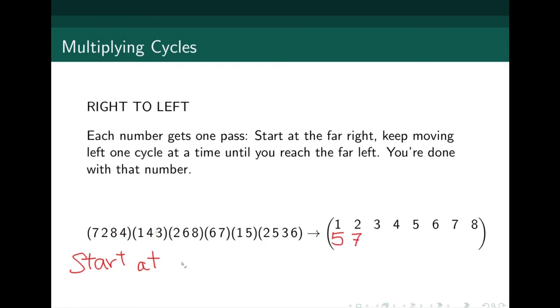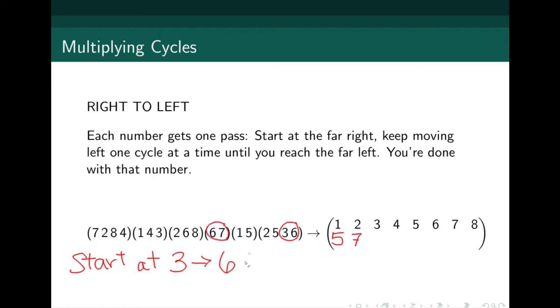Next, we'll consider what happens to the 3. If you're starting to feel comfortable with the process, I recommend you pause the video, figure out what happens to the 3, and then press play when you're ready to check your answer. But first we see that the 3 goes to 6. Then nothing happens to the 6.